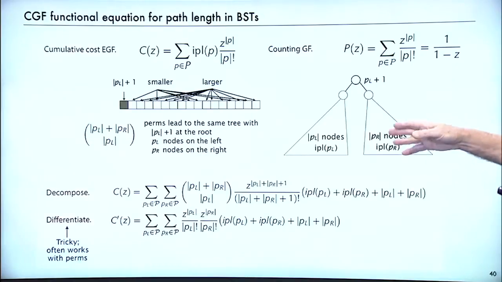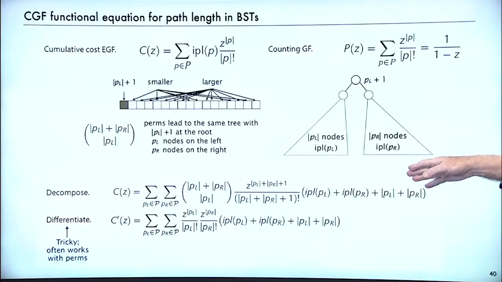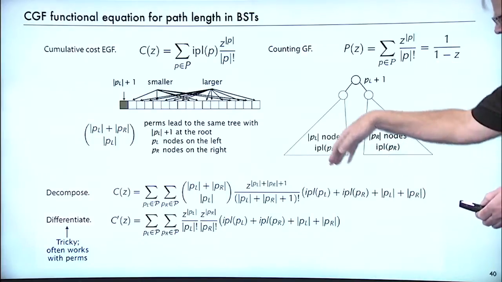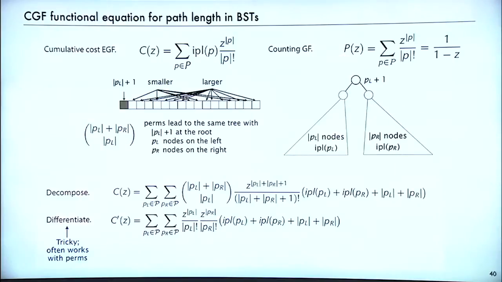So this is a trick that often works with exponential generating functions. Differentiate, then cancel the (PL plus PR) factorial in the binomial coefficient, and you're left with the PL factorial, PR factorial. And now you've got a very simple double sum that completely decomposes and separates.